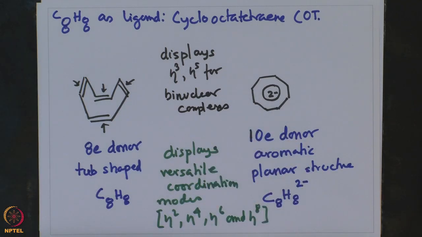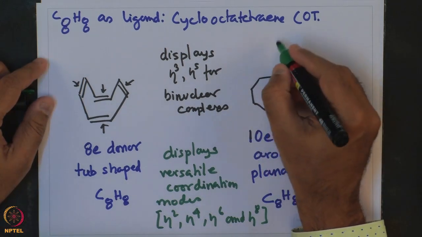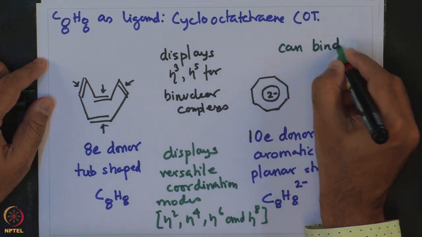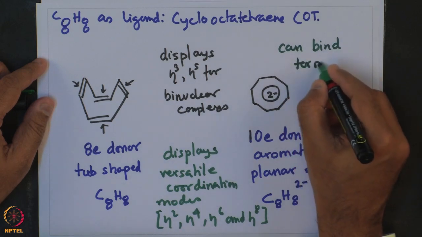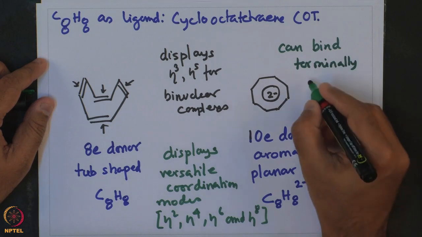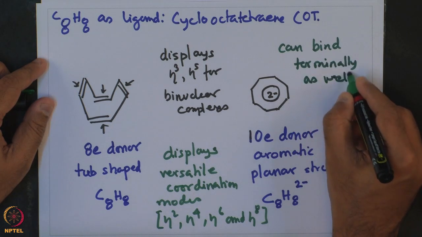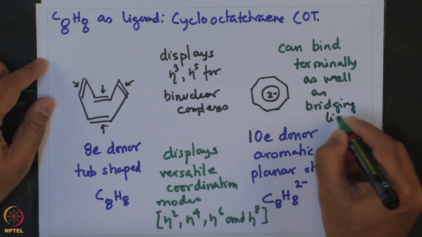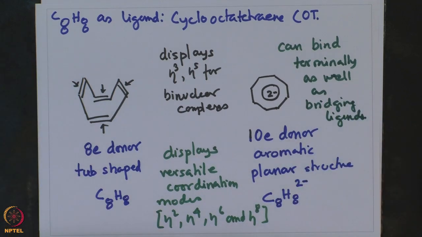As a result, COT can bind terminally as well as bridging ligand. So, what we see is not only in the structure it shows, but also in its ability to bind to the metal, where it can act like an 8 electron donor tub structure or a 10 electron donor planar structure.